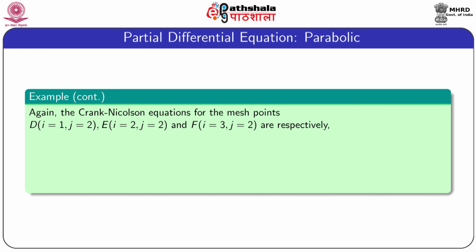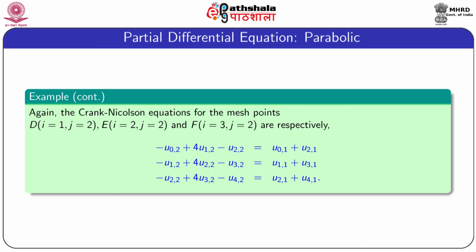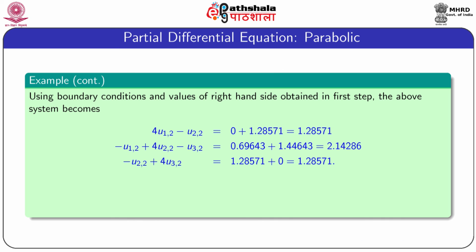Again the Crank-Nicholson equations for the mesh points D, E and F for different values of i and j are respectively these three equations. After substituting the values of u that appear on the right hand side of the equations, we get the following three equations.